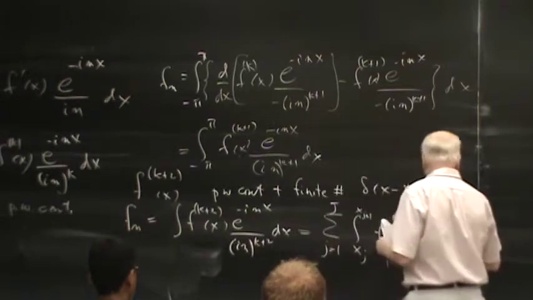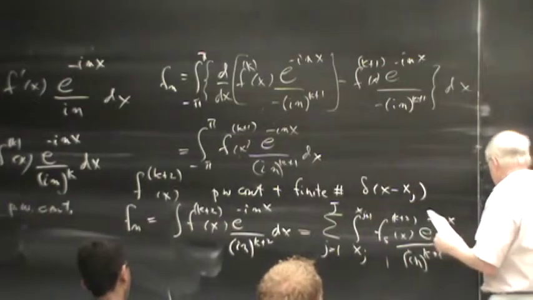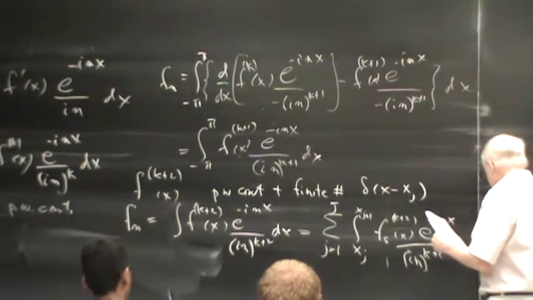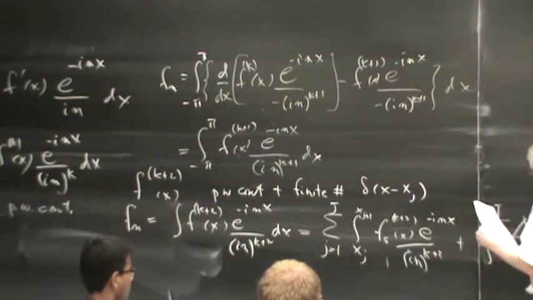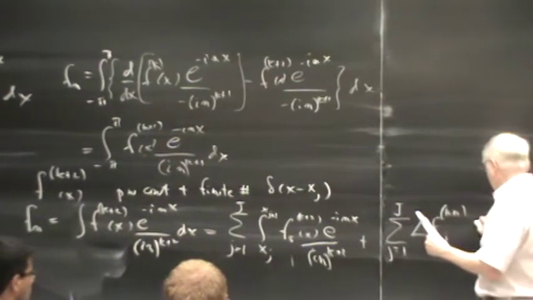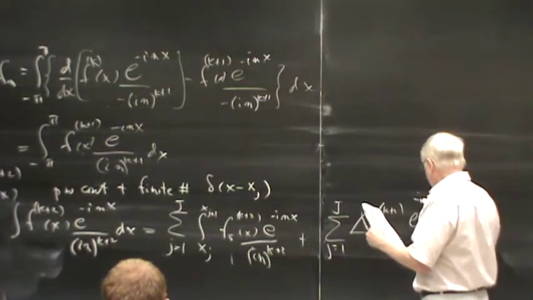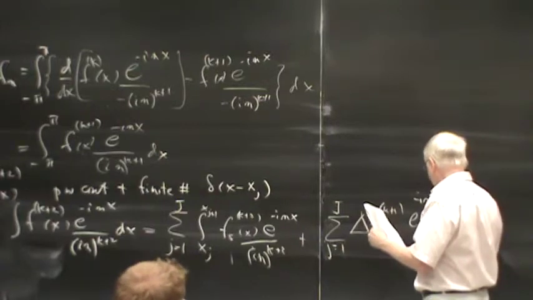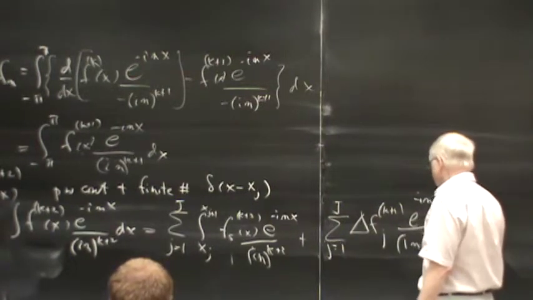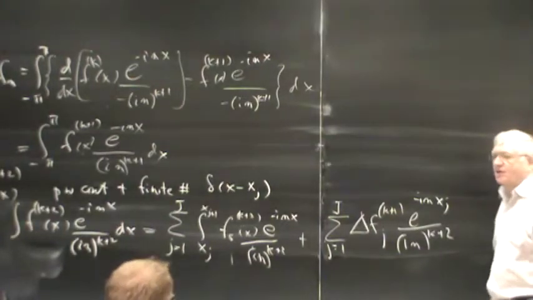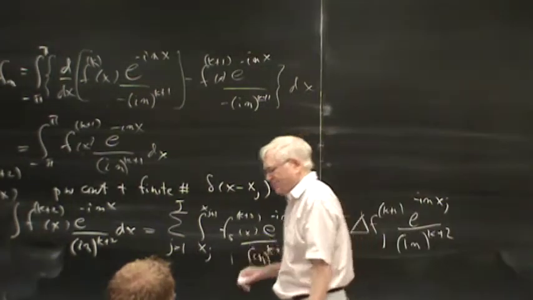And then you get the delta function jumps, j equals 1 to big J. Jumps are finite, so it's delta f_j^(k+1) e^(-inx_j) over (in)^(k+2). So in general, it's 1 over n to the k+2.